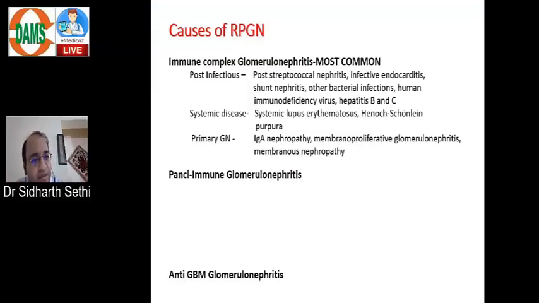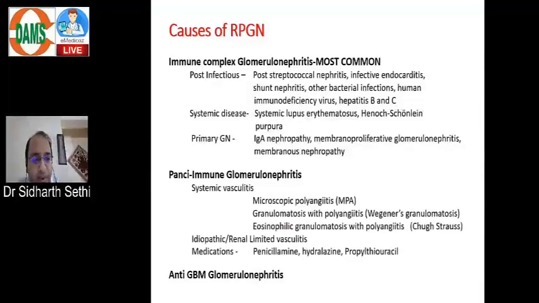Okay, so there are many other infections which can cause glomerulonephritis, but this immune complex is the most common. Then there are some other forms like infective endocarditis, shunt nephritis, hepatitis B, C, lupus, Henoch-Schönlein purpura, IgA nephropathy. So all of these will have some immune complexes, and on the immunofluorescence also you will see deposits.